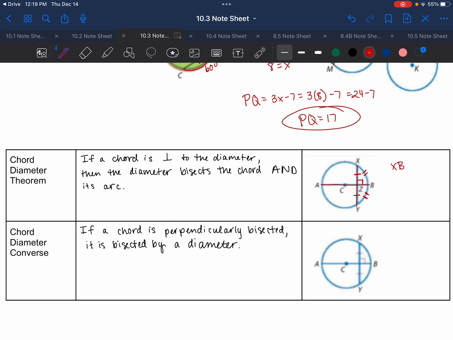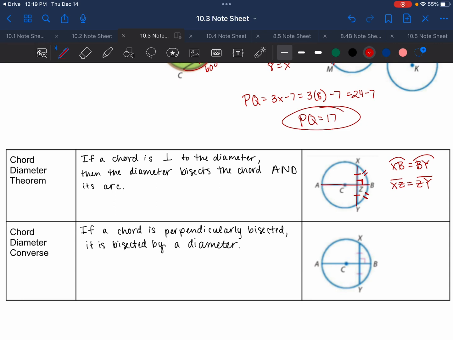So arc XB equals arc BY, and segment XZ equals segment ZY, because the chord is perpendicular to the diameter.